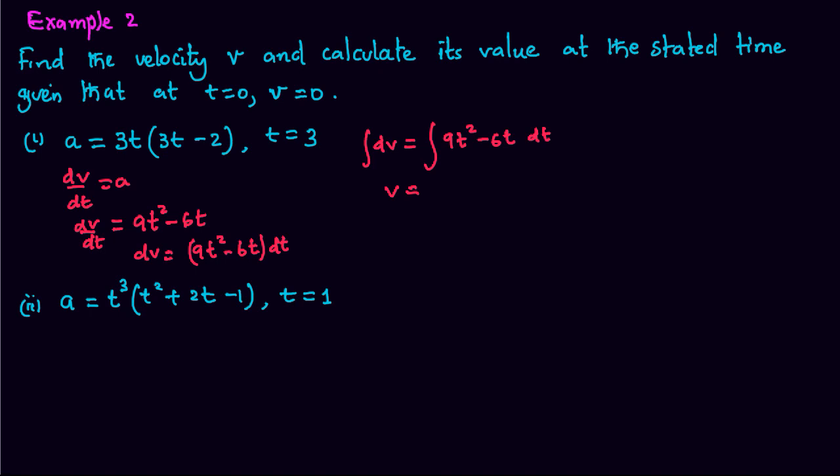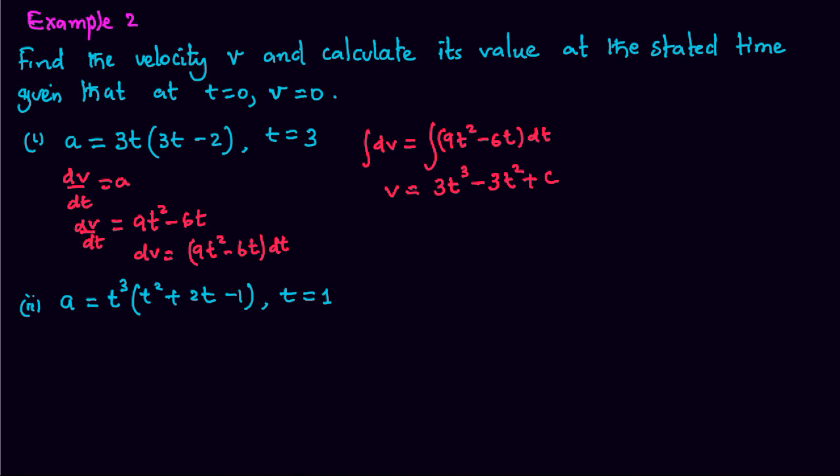V is equal to 3t cubed minus 3t squared plus a general constant c.